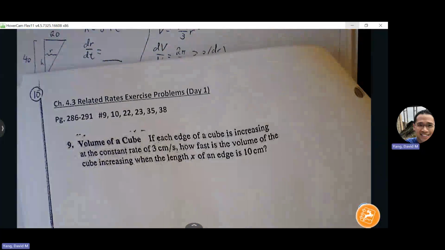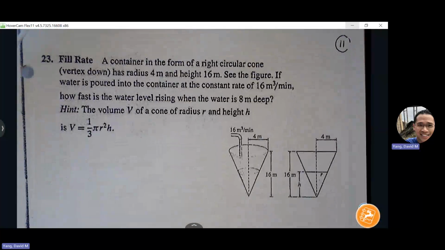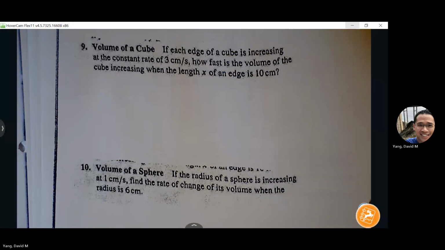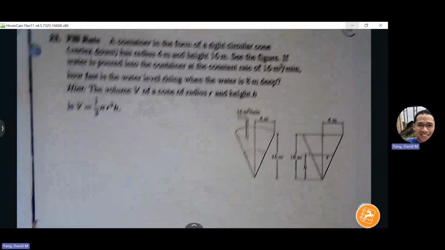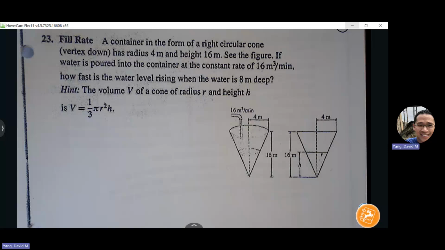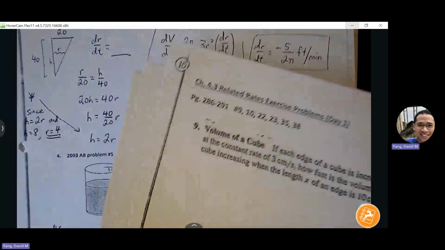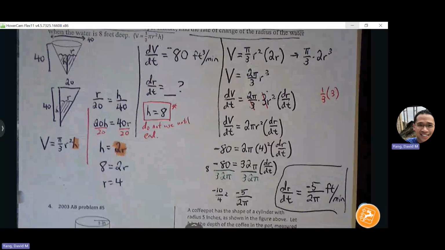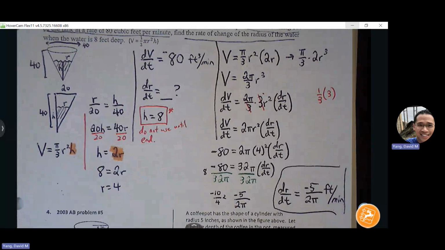So either 9, 10, or 23. 23, okay. That's good because now we can see how we line up with our steps, right? Now that you've seen all the steps, it's a different process trying it on our own versus following along. So see if you can start the steps and then I can follow up and go through it with you.